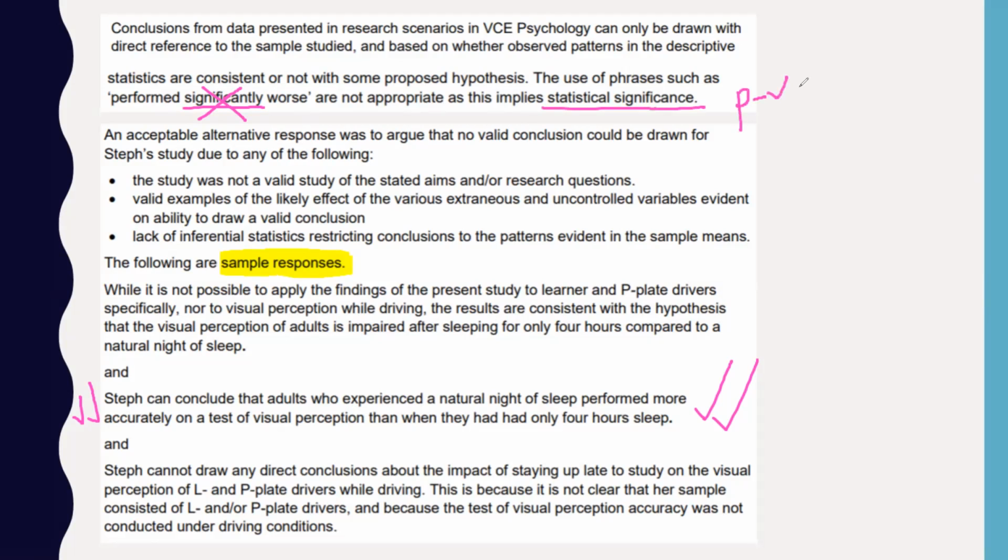And as we talked about before, the p-value is no longer examinable content. So if you use the word significantly in psychology, it takes on a different meaning than if you used it in another subject. So do not use the word significantly. Use words like increase, decrease, reduced, those kinds of words. So just a clear direction of effect there, but avoid using words like significantly or non-significantly.